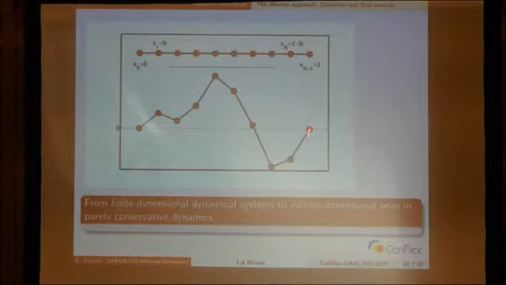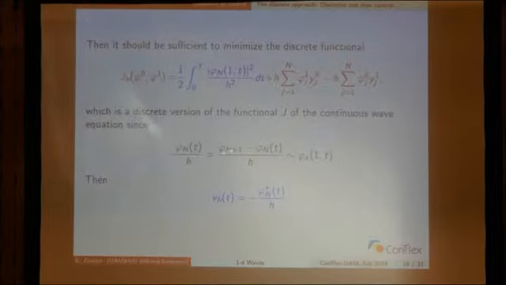So this slope, which is the approximation of the normal derivative phi_x at x equals 1, is simply, as written here, (phi_{N+1} minus phi_N) divided by h, which is minus phi_N divided by h, because phi_{N+1} is equal to 0. Okay? So this is the kind of functional that corresponds to the problem I am considering. And then I will need to make sure that the corresponding control, the discrete control, is something like this, right?